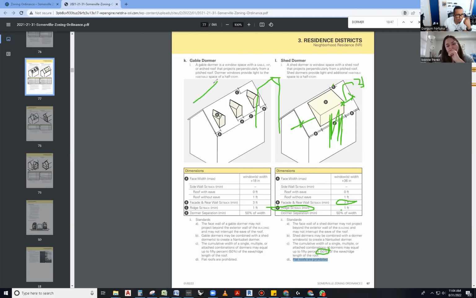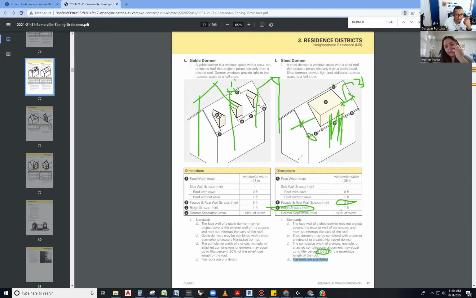If it has an overhang, you have to be set back from it by a foot. Okay, is that clear? Does that make sense? A foot from the edge of the eave, the overhang.